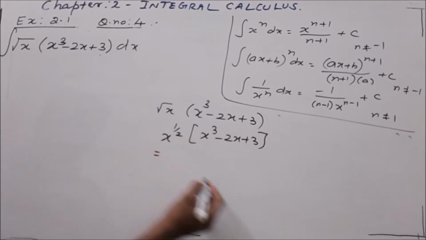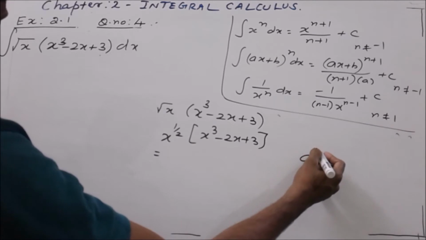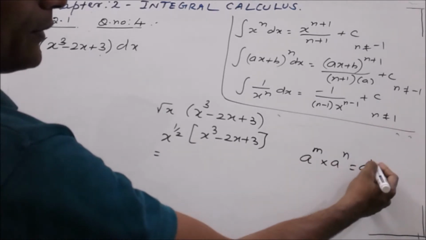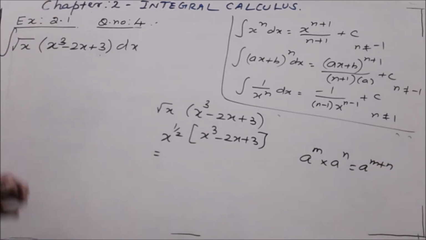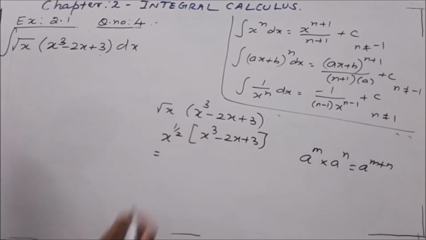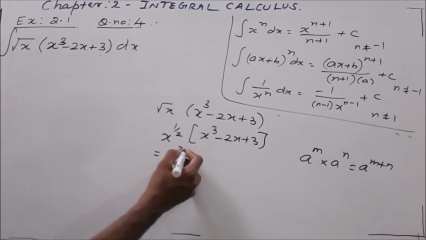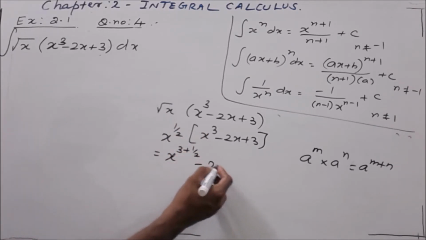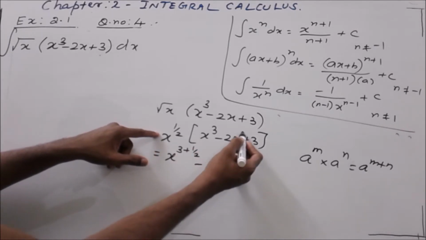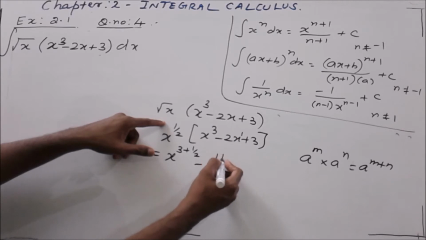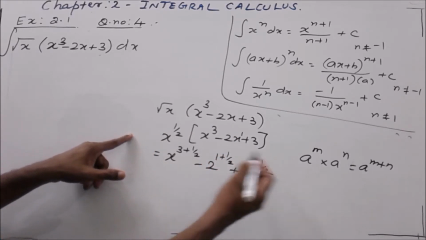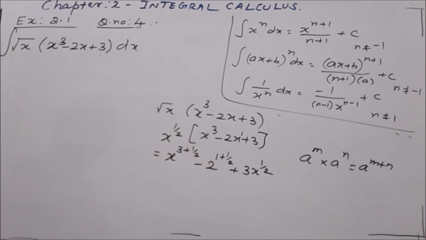When we multiply a^m into a^n, when the bases are equal, we can add the powers: a^(m+n). Similarly, here x^(1/2) and x³: while multiplying these two terms, x^(3 + 1/2), then minus 2 into x^(1/2) into x, which is x^(1 + 1/2), then plus 3 into x^(1/2). This is the product of these two terms.